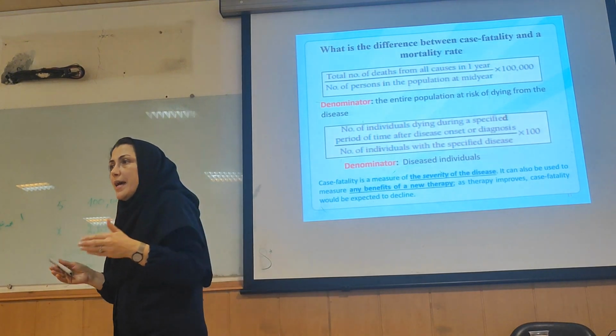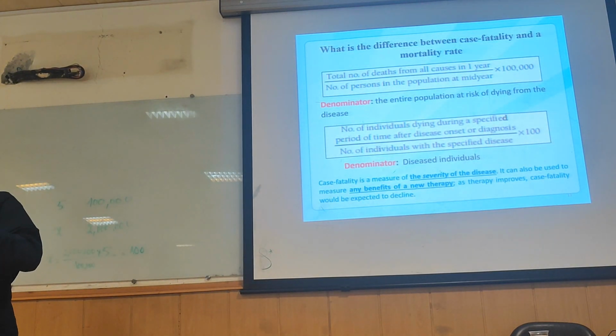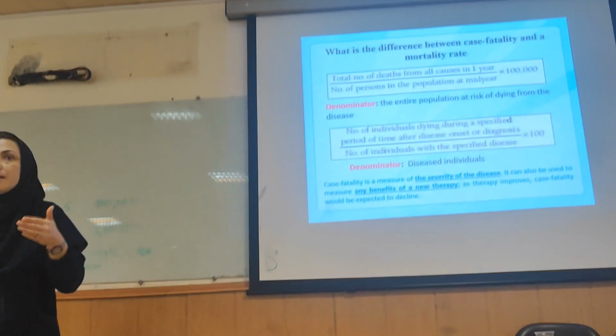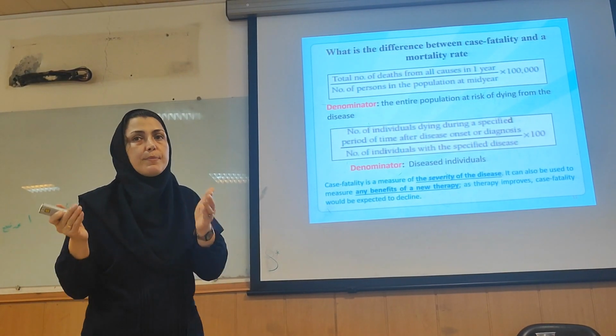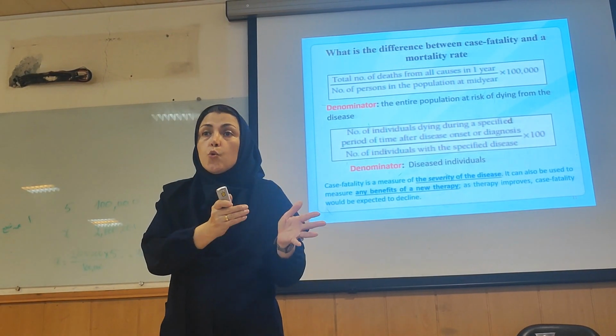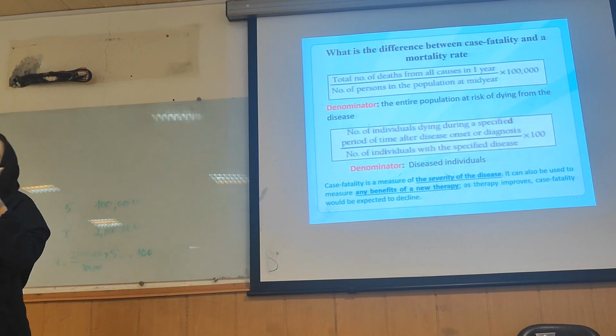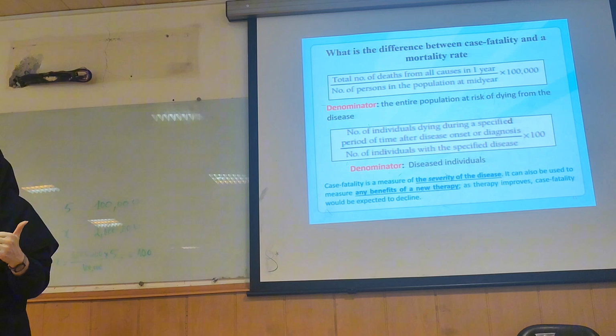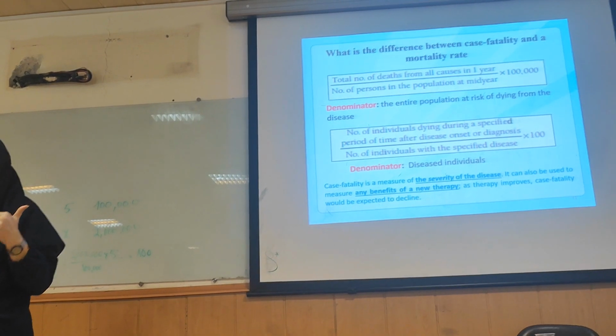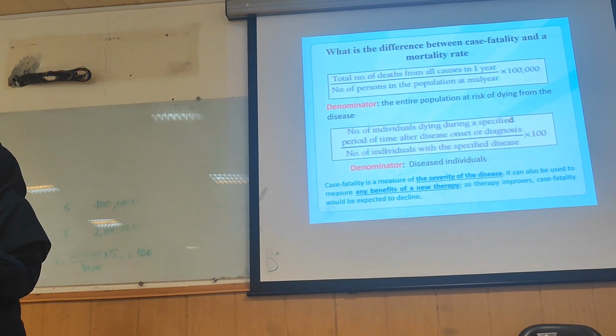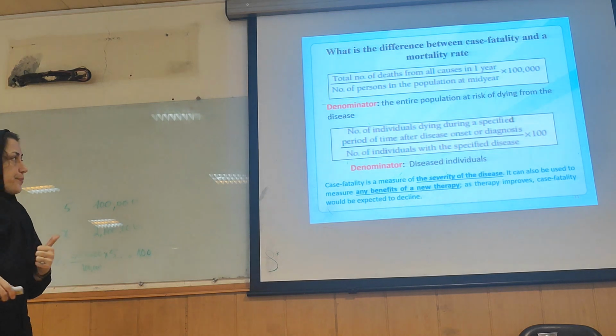But if I tell you that the case fatality of breast cancer is 20%, it means that out of 100 persons suffering from breast cancer, almost 20 will die. So the severity of pancreatic cancer is higher, based on the case fatality numbers that I have given. Okay?